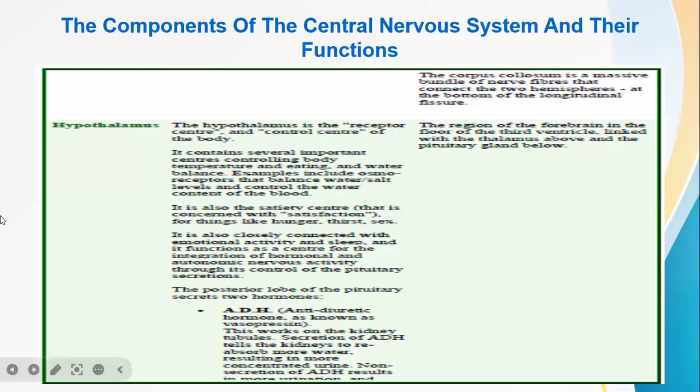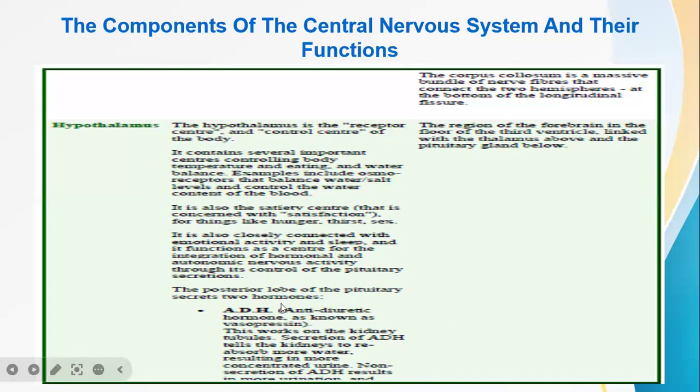It is also very closely connected with emotional activity and sleep, and it functions as the center for the integration of hormonal and autonomic nervous activity through its control of the pituitary secretions. The posterior lobe of the pituitary secretes two hormones.